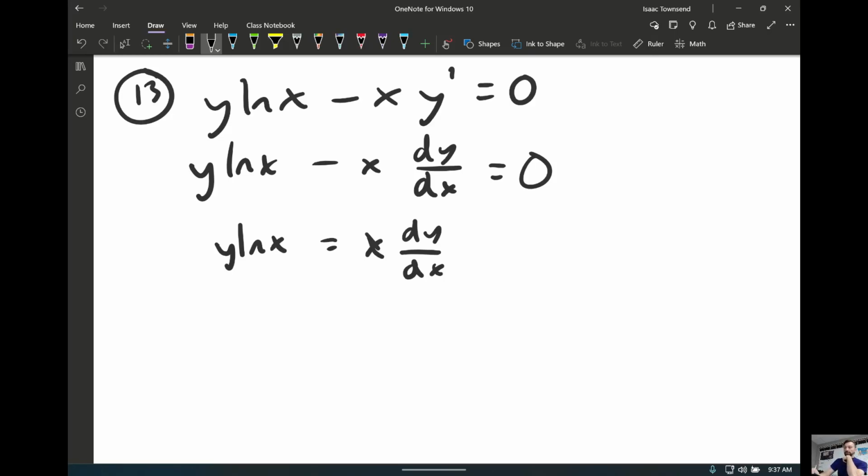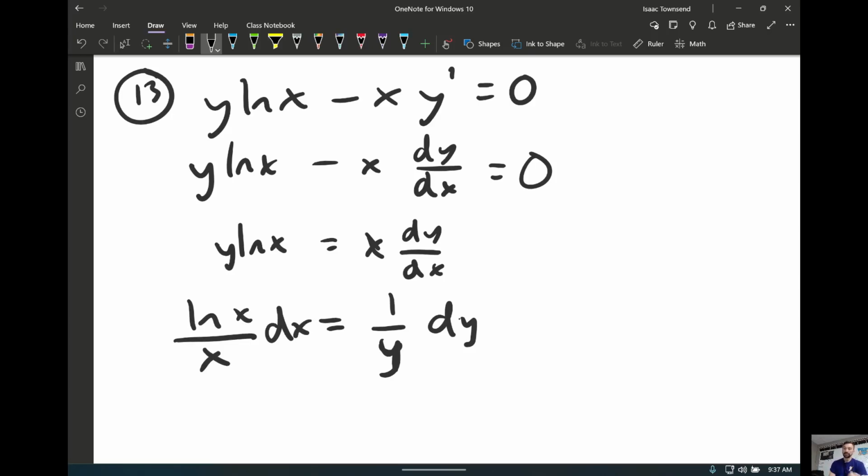dy's up in the numerator on the right, so that tells me that the y stuff probably needs to move to the right. Divide both sides by y. We could divide both sides by x and multiply both sides by dx. Anything else you tried is probably not following order of operations correctly.